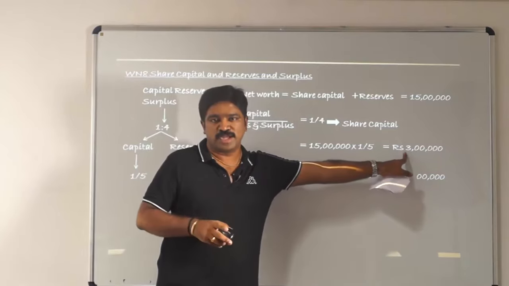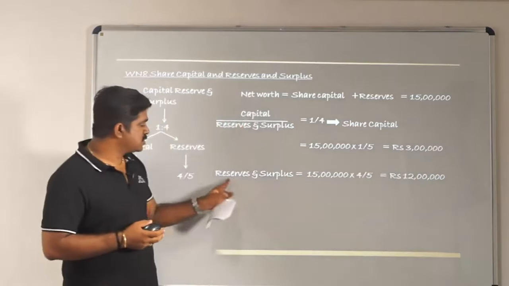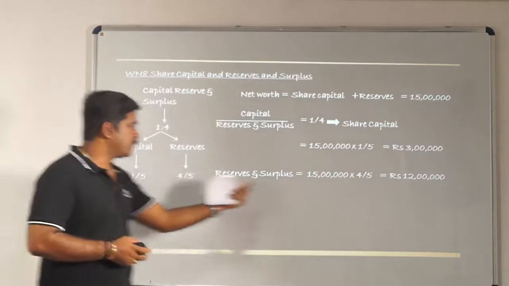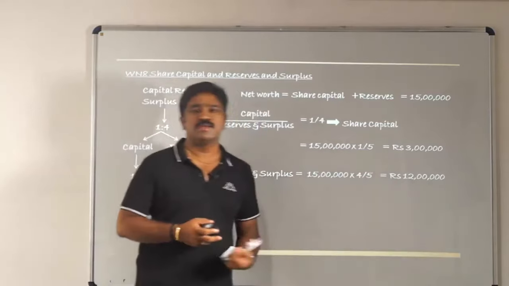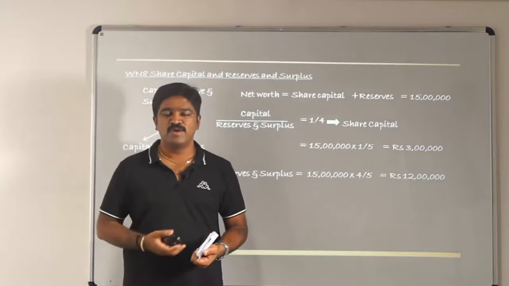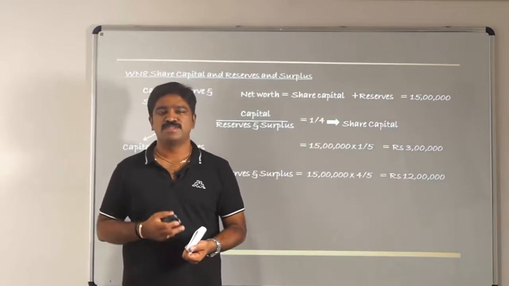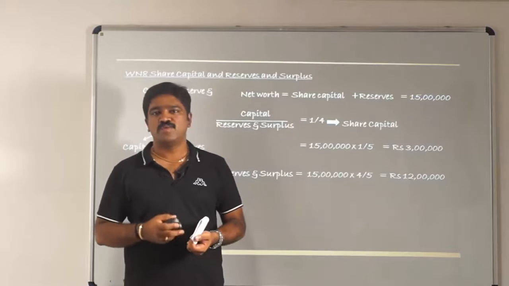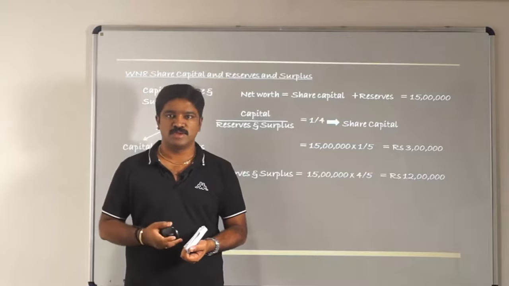So that's your share capital. What about the reserves and surplus? Take 15 lakh, apply 4/5. 4/5, what you get is 12 lakhs. So in this way we can derive the share capital amount and the reserves and surplus amount. They are 3 lakhs, 300,000, and 12 lakhs, say 1,200,000, right?